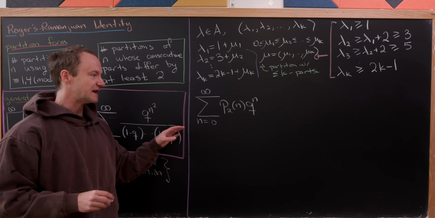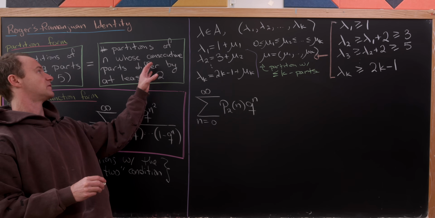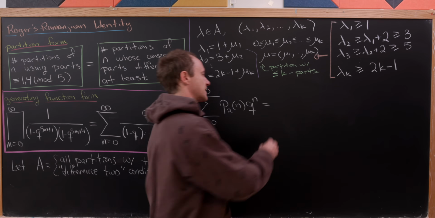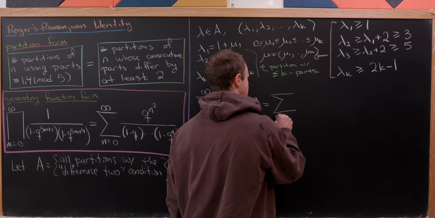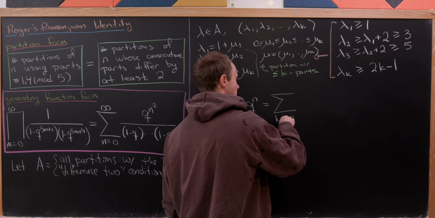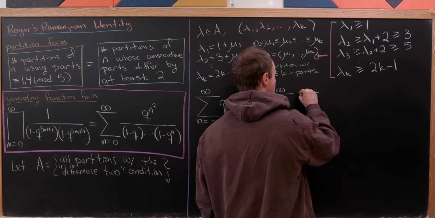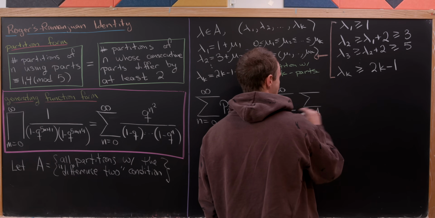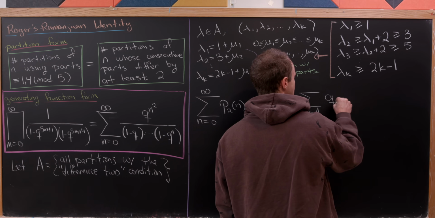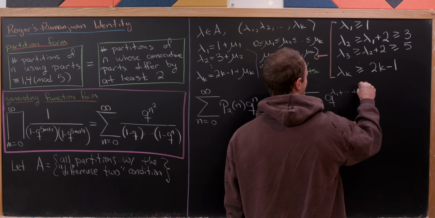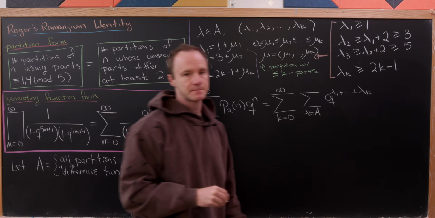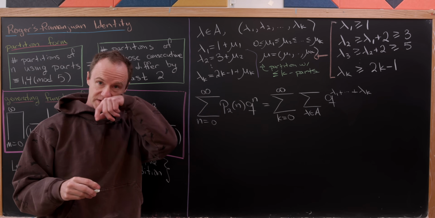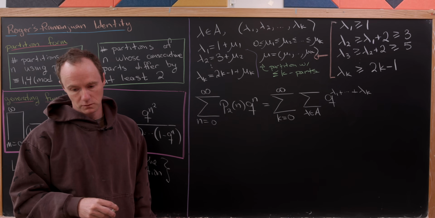And so that means p sub 2 of n would be this number of partitions of n whose consecutive parts differ by at least 2. Okay, and now here's the trick. We can write that as the sum, as k goes from 0 up to infinity, of the sum over all lambda inside of A of q to the lambda 1 added all the way up to lambda k. And so that's just another way of getting at all of the partitions satisfying our rule.